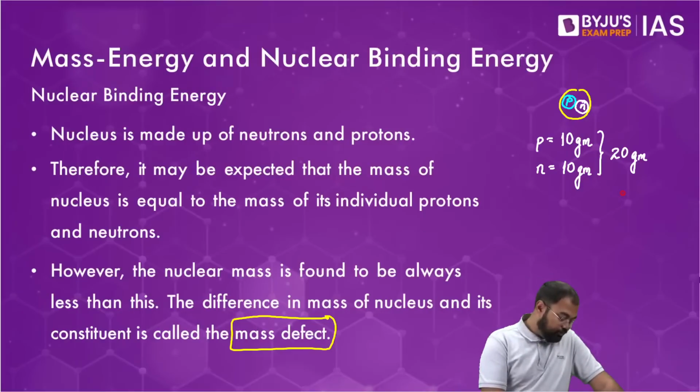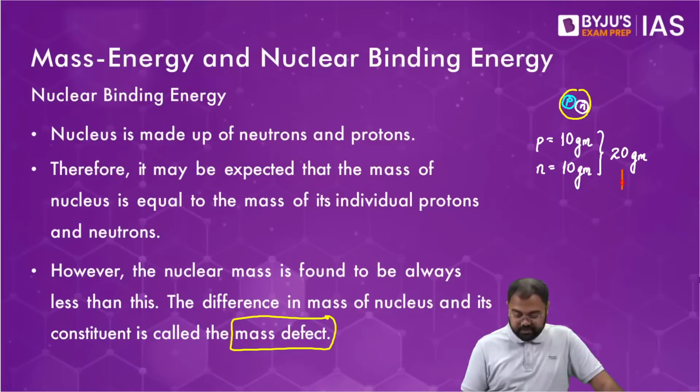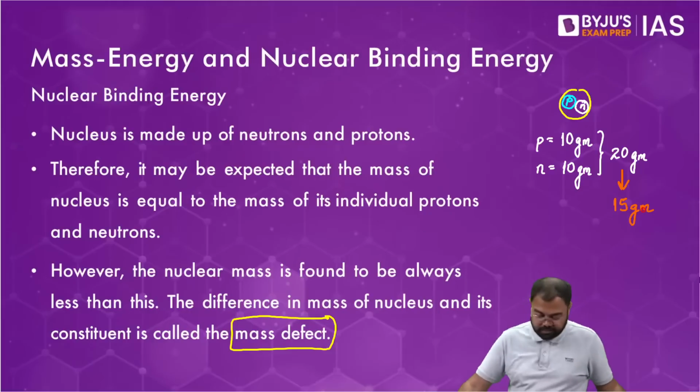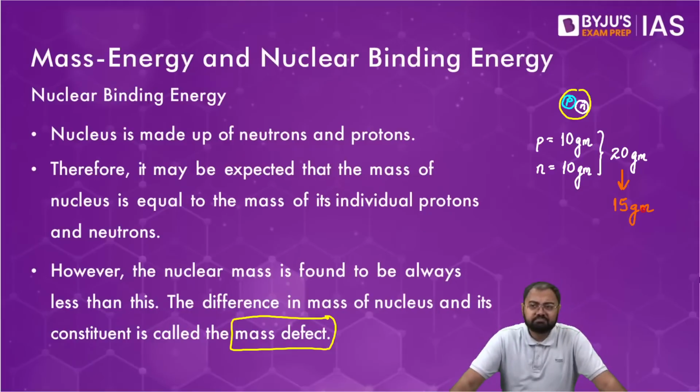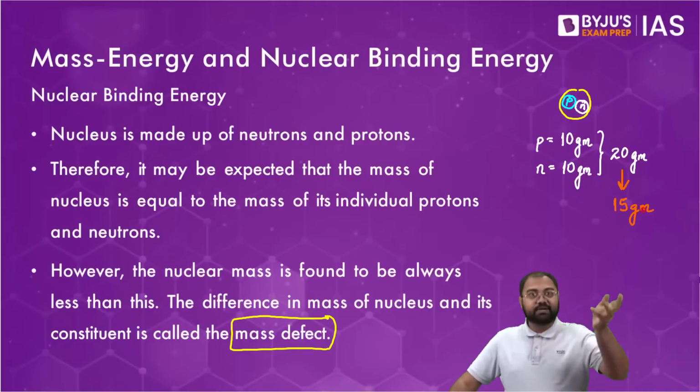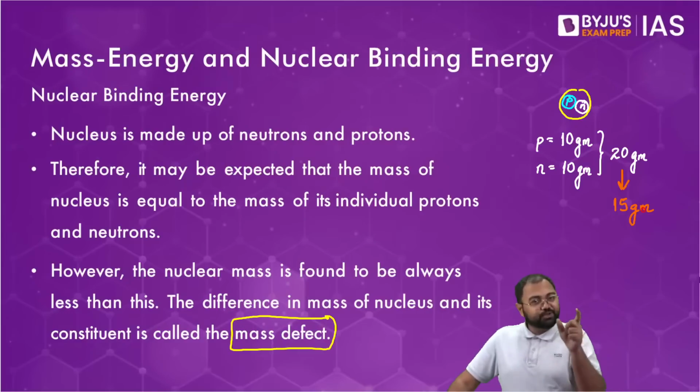But what the scientists observed is that it's not 20 grams, but rather, let's say, 15 grams. Now this was very perplexing for them to understand. Suppose there was an extra mass, then they would have tried to look for something else that has those extra 5 grams.